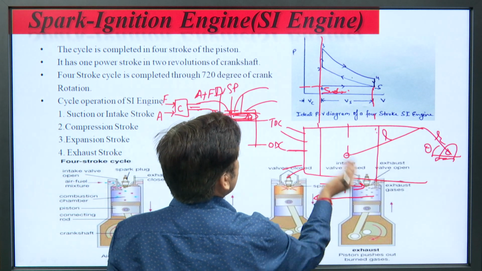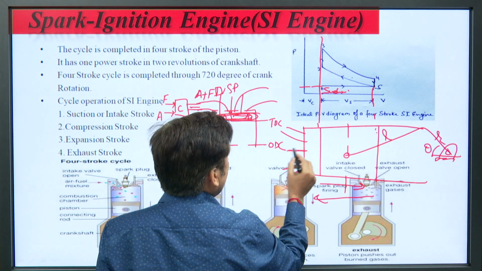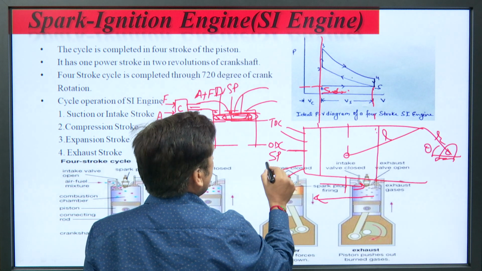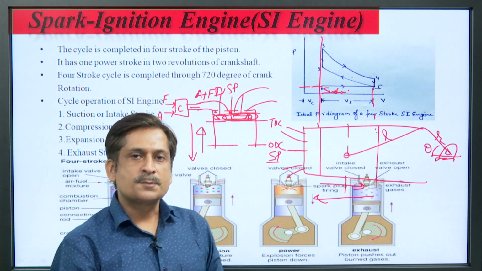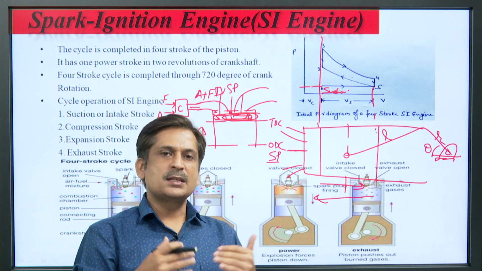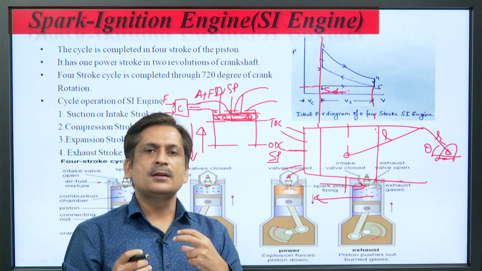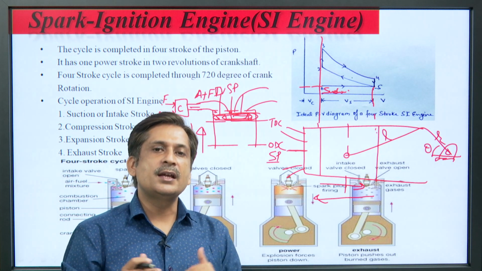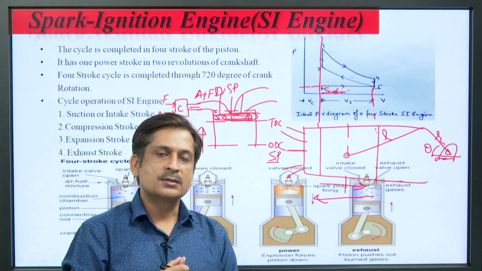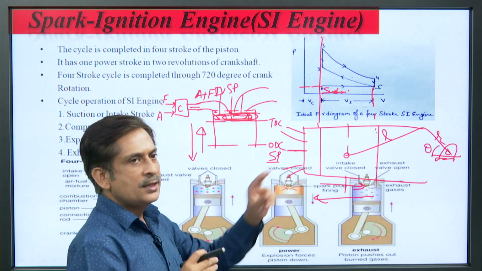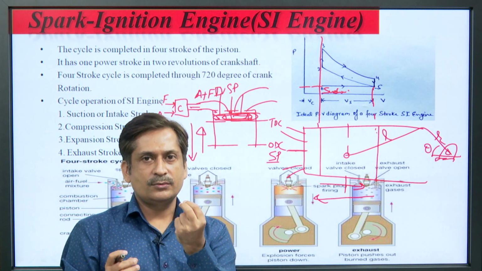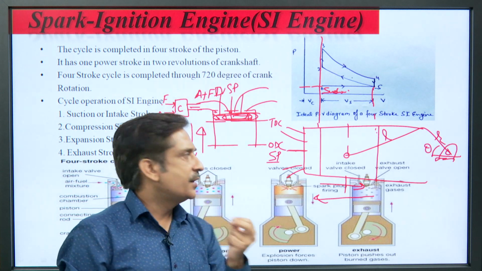When it comes to point 2, we give a spark with the help of a spark plug, meaning in a very infinitesimal time we give a very high voltage through the spark plug, and because of that a current or a spark is created here.